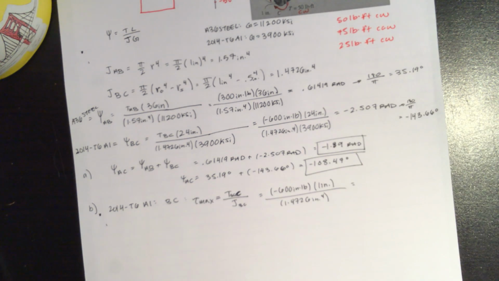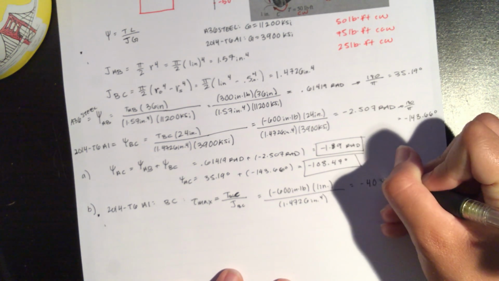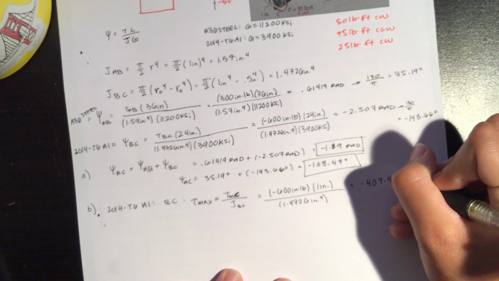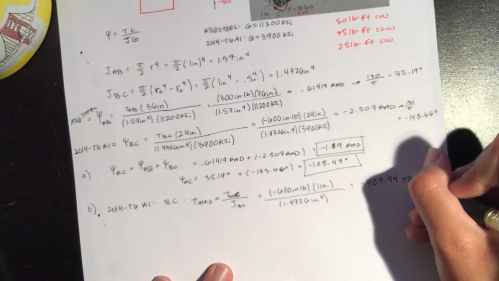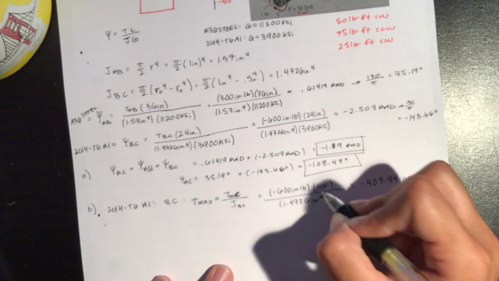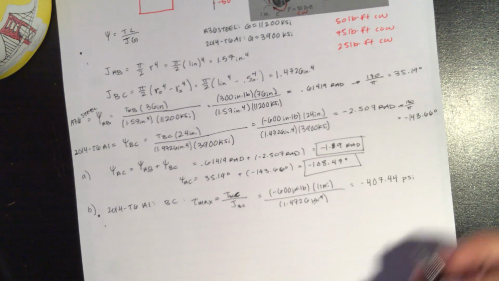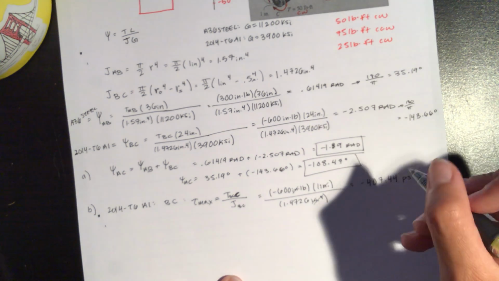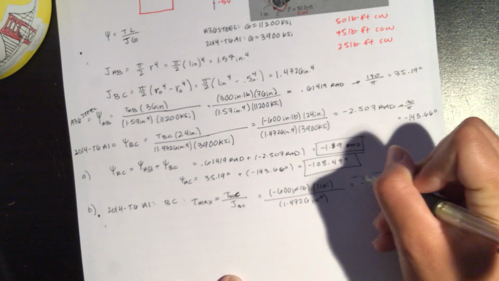We can calculate this, and the result we get is negative 407.44, and that's going to be in psi, since two of the inches cancel. That's going to be our T max for the aluminum.